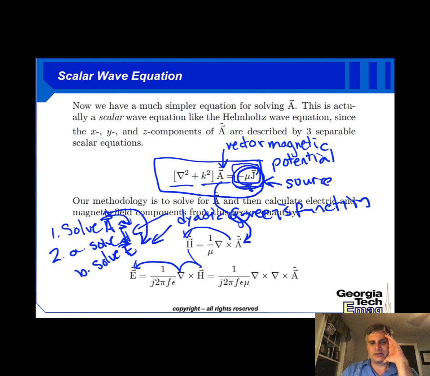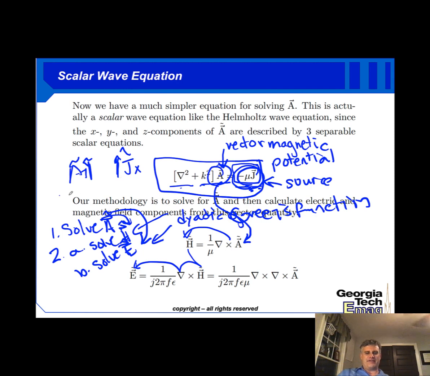Scalar in the sense that if I have an x component of J, then that's going to lead directly to an x component on a sub x phasor. And the y components of J result in y components of A, and the z components of J are the only things that result in z components of A. That's the simple scalar wave equation behavior that we're going for in our mathematics to make the solver simple.